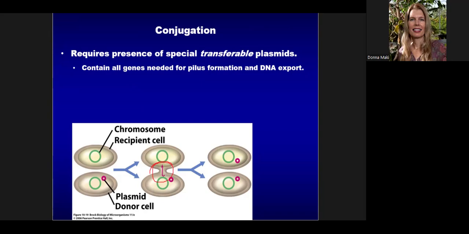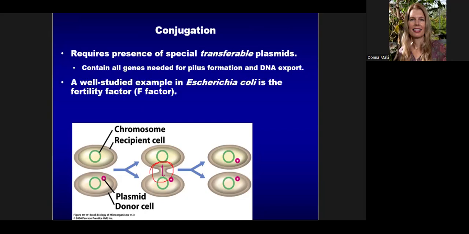They didn't go into details on this drawing. Typically, most of this work has been done in E. coli. By the way, E. coli, Escherichia coli, which you'll work with quite frequently in lab, is kind of like the guinea pig of bacteria.